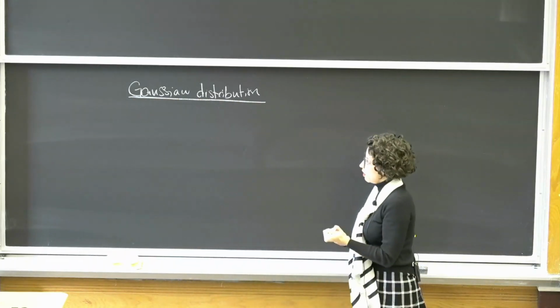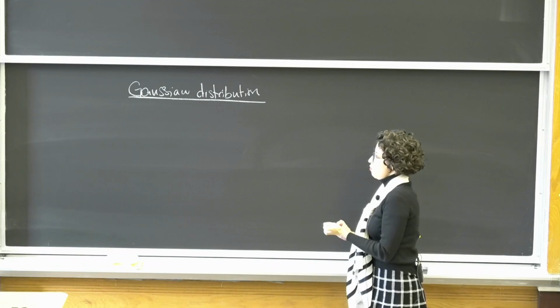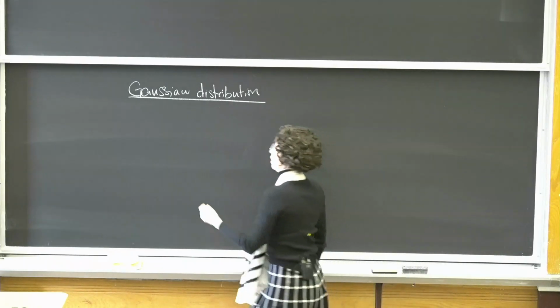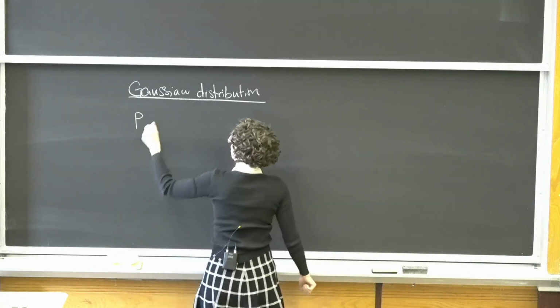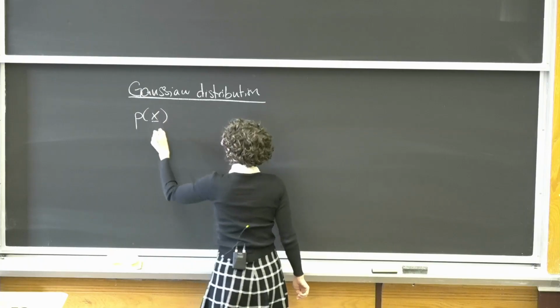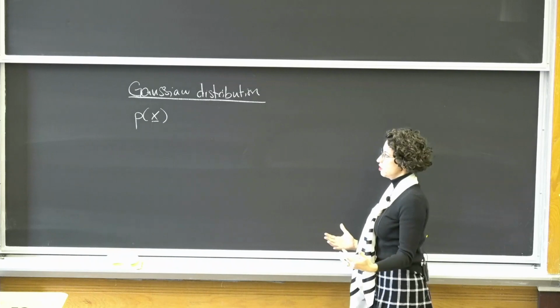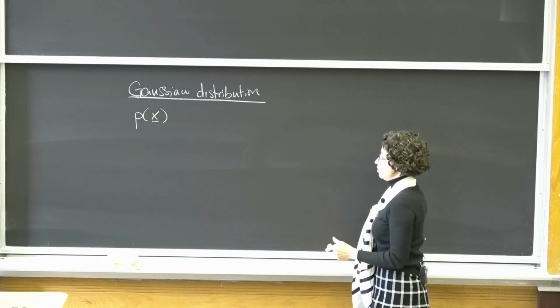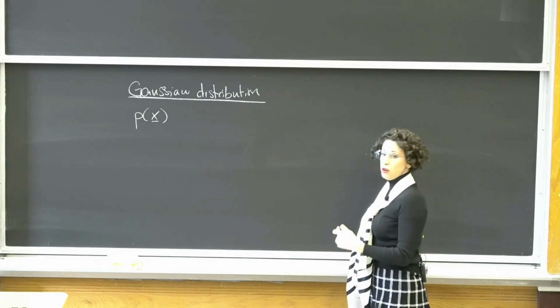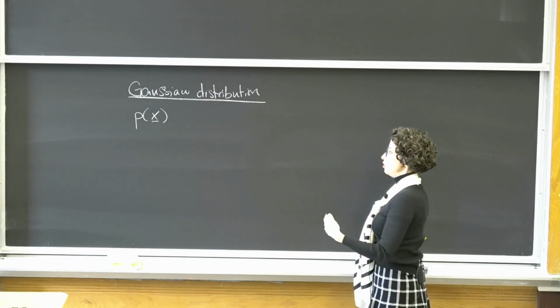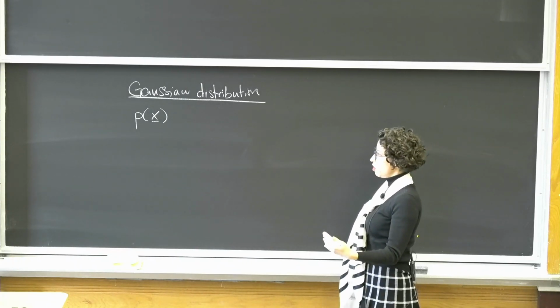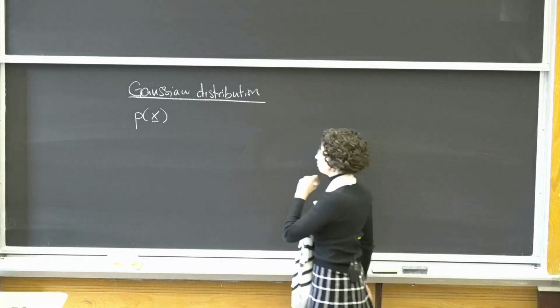Okay, so with a Gaussian distribution, we are going to start with a distribution function p of x. And this is going to tell us, for a point x, how likely it is to occur under this distribution. So I'm going to write down the equation, and then we're going to unpack it a little bit and look at some examples of it.